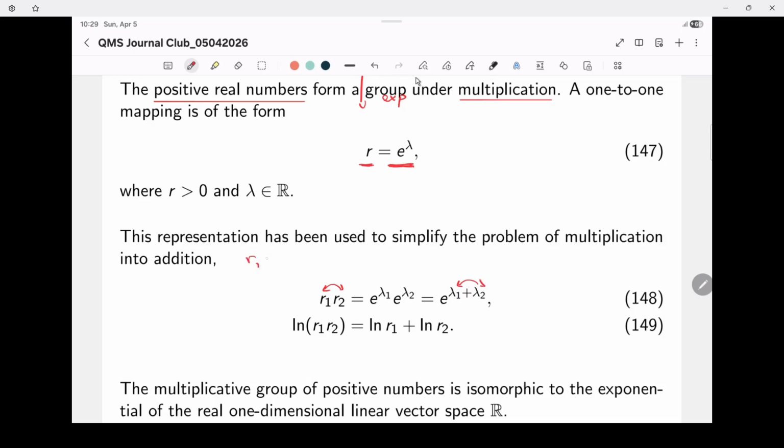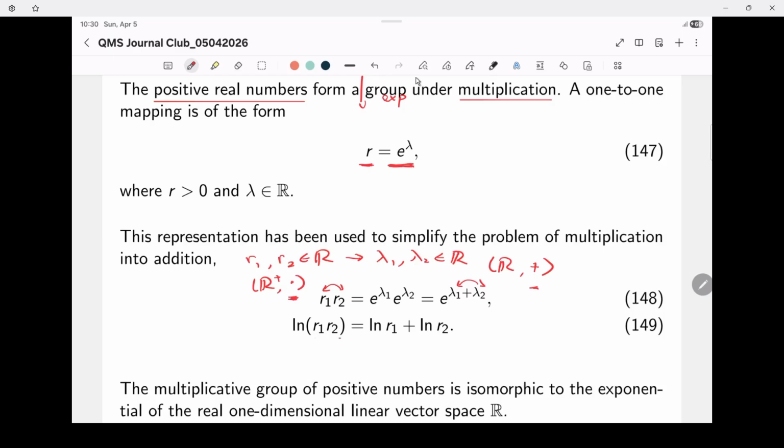Because you map, let's say your R1, R2 from R to lambda 1, lambda 2, which is also in R, but originally this is your R plus with multiplication. Now this is your R with addition. So you successfully map from your multiplication operation into your addition operation.